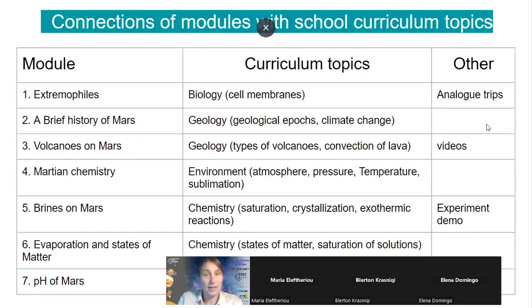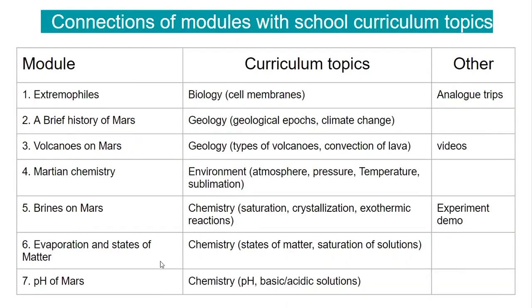So I have here a list of the modules, and we're going to see them also on the website, how you're going to access them. But the modules are 7 when it comes to Mars. The first one is the extremophiles, so life that can survive in extreme conditions.